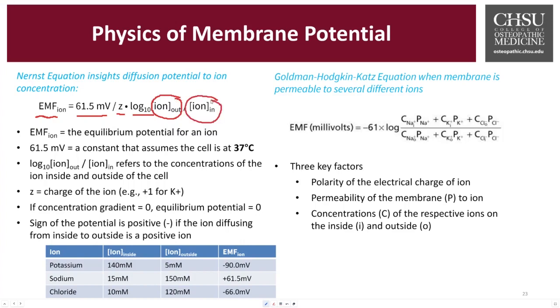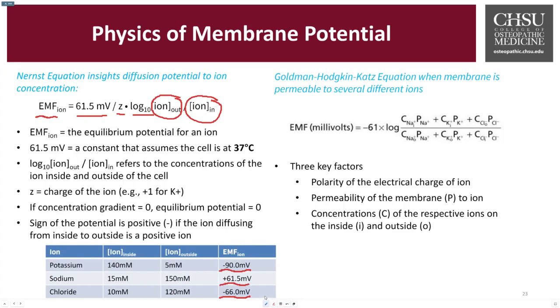So you can plug and chug the ion concentration and also the Z charge for potassium, and then you generate a rough estimate value of negative 90 millivolts. You can then plug and chug for sodium, you generate roughly positive 61 millivolts. And you can then apply that to get the chloride's value, which is roughly about negative 66 millivolts.